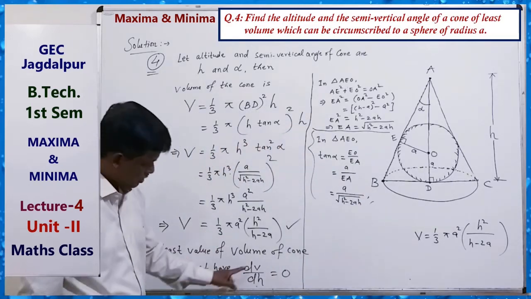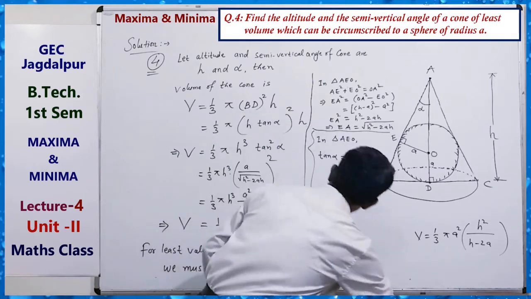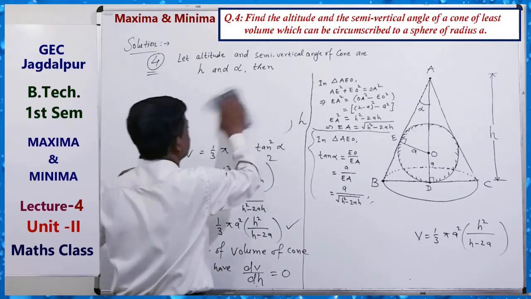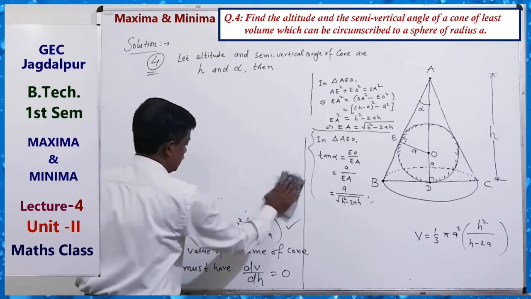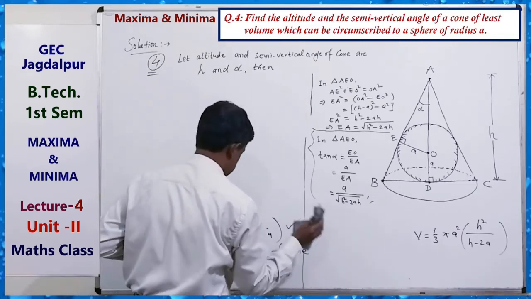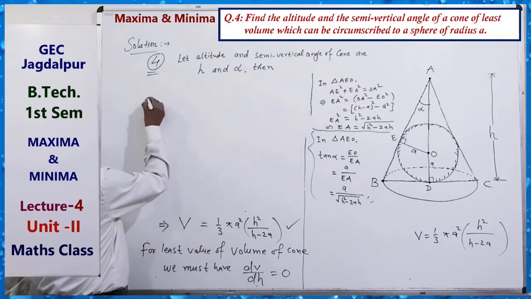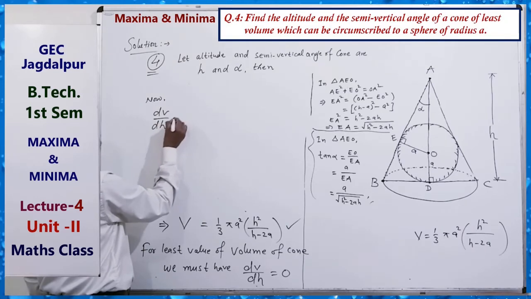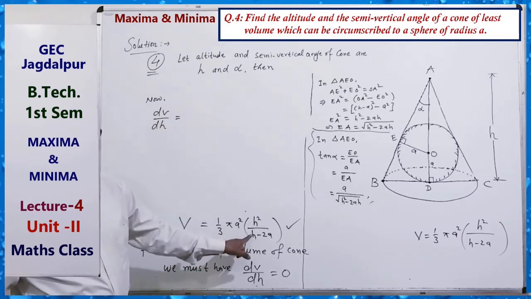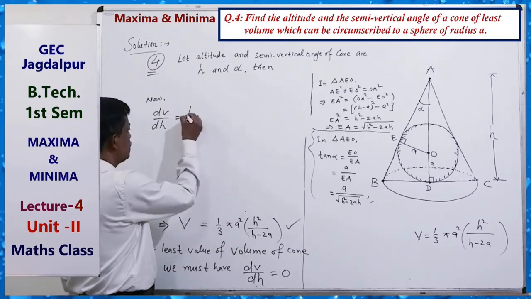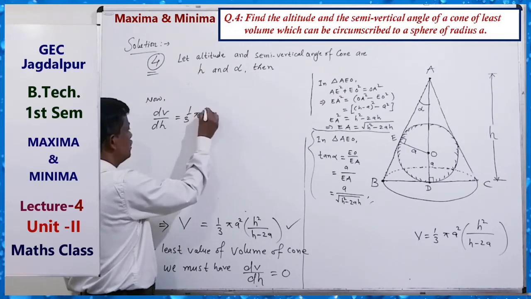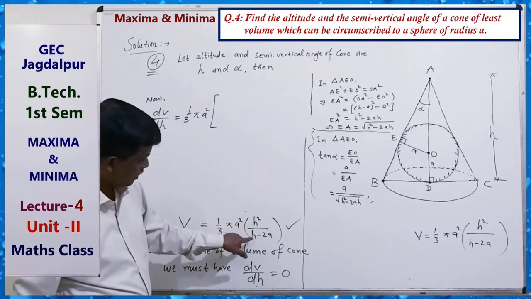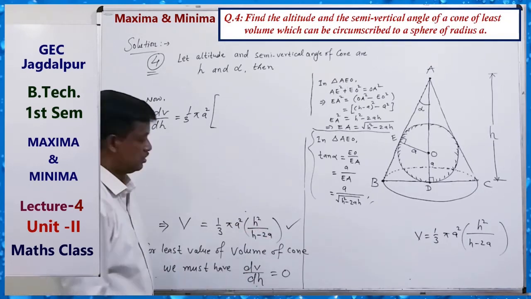Now we have to differentiate it. dV by dh equals 1 by 3 pi a square times the derivative of h square upon h minus 2a, where h is the variable.